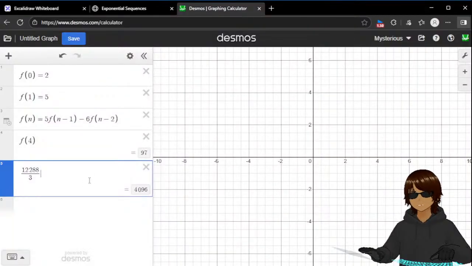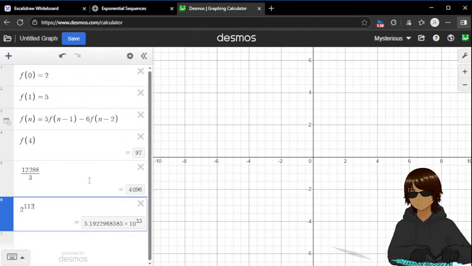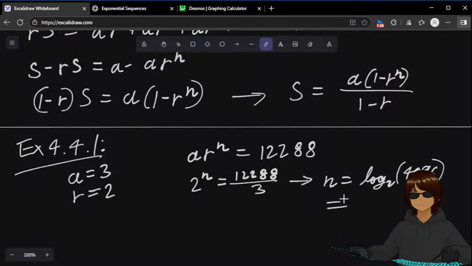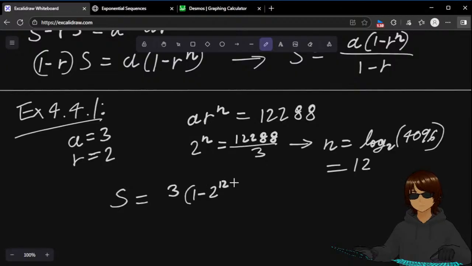Is that 2 to the power of 8? Nope. 8, 10, 12. So there are 12 terms in total. So the sum is 1 minus 2 to the power of 12. Oh, I never needed to do this.